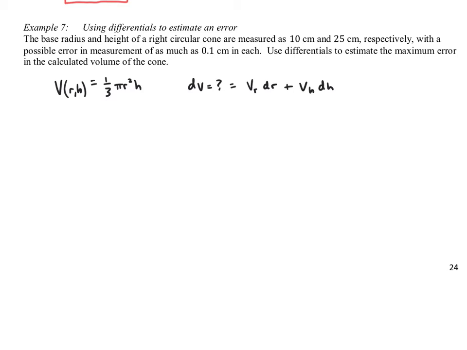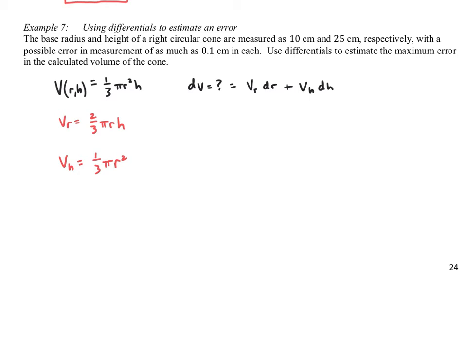So let's go ahead and calculate V_r, which is 2/3 pi times r to the first times h. And we're going to do V_h, which is 1/3 pi r squared. Okay, we're going to calculate this at our values.